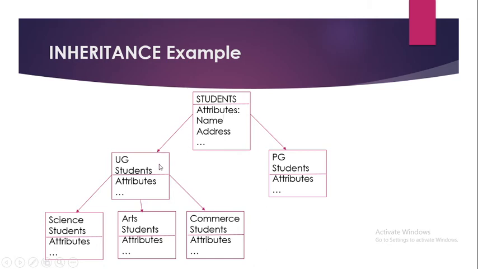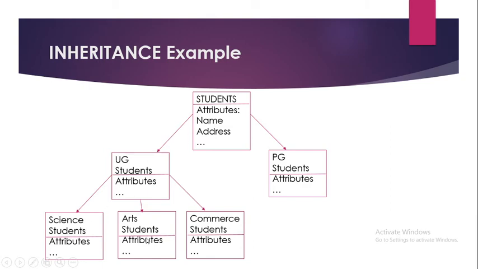That means UG students will have attributes of students plus its own attributes. PG students will have attributes of students plus its own attributes. Similarly, science students will have attributes of students plus attributes of UG students and plus its own attributes.